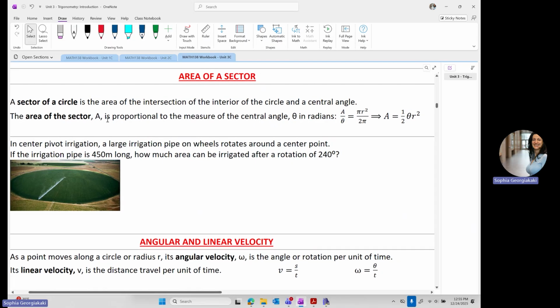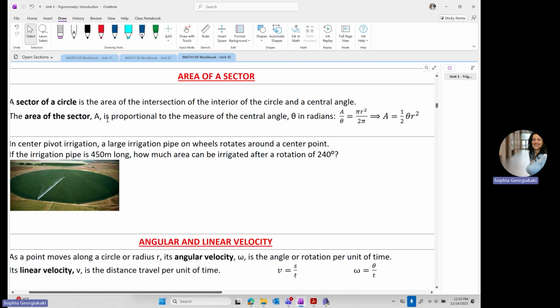The area of the sector is proportional to the measure of the angle. Pi r squared is the area of the whole circle, and 2 pi is the angle of the whole circle. And therefore, for a random angle theta, the area A will equal 1/2 theta r squared if I solve this proportion.